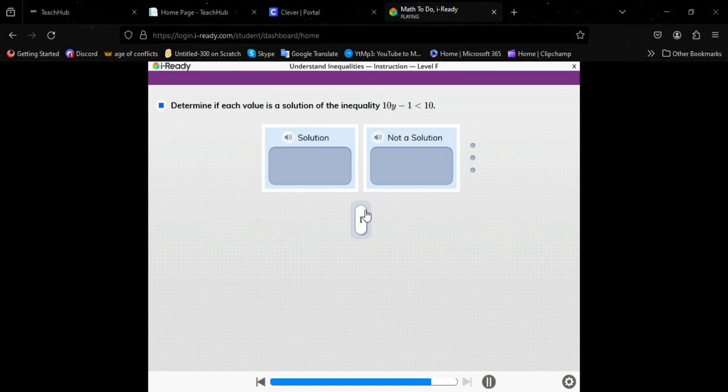Determine if each value is a solution of the inequality 10y minus 1 is less than 10.